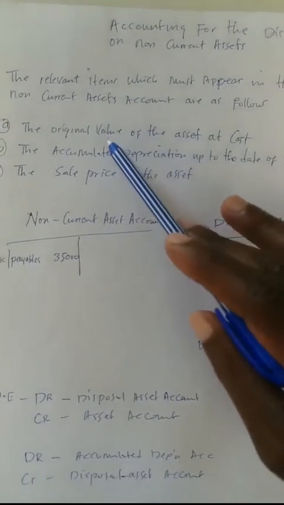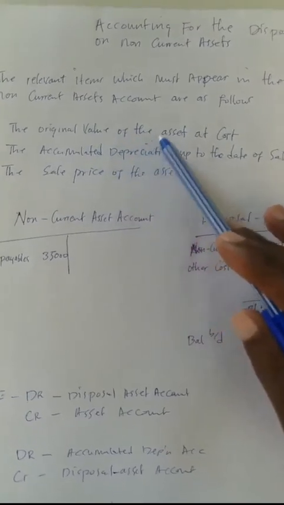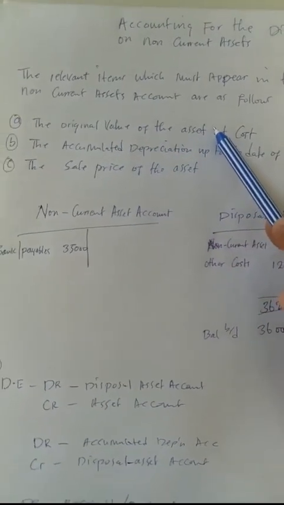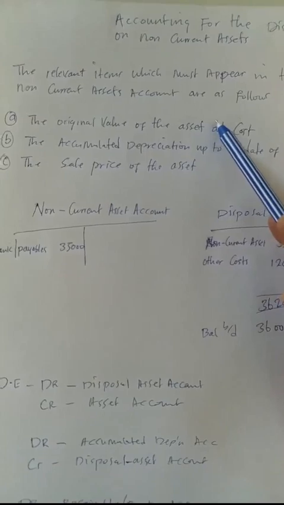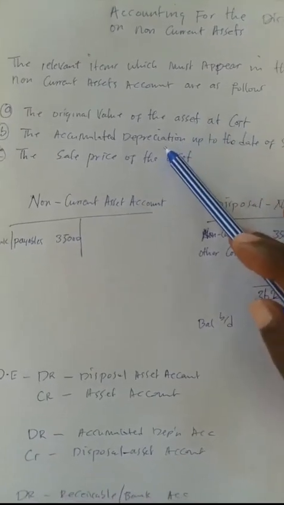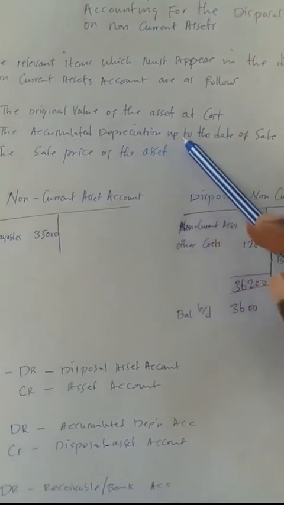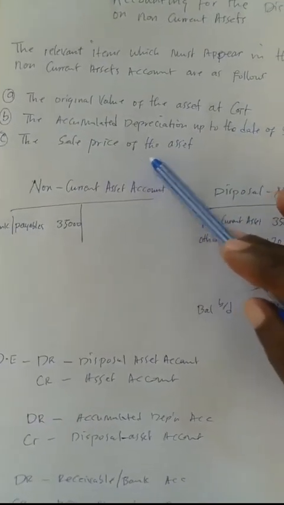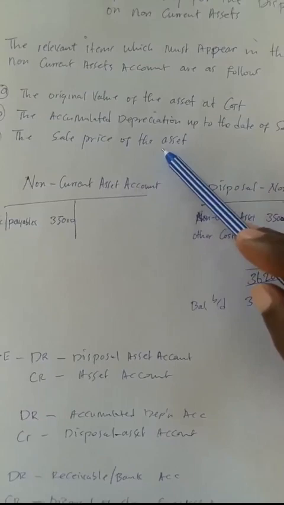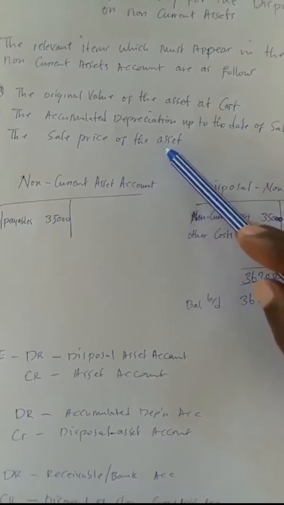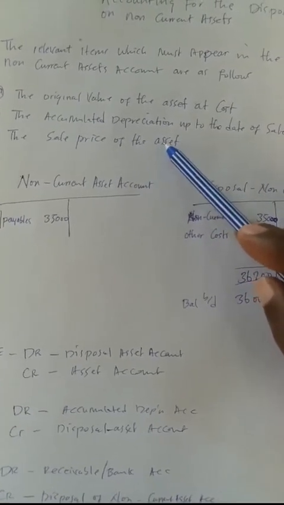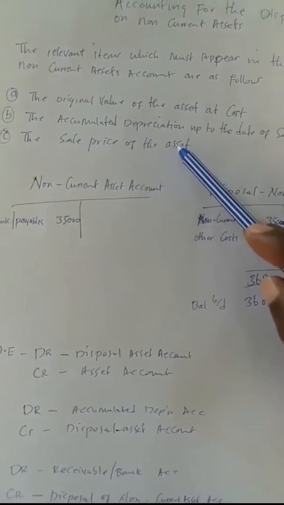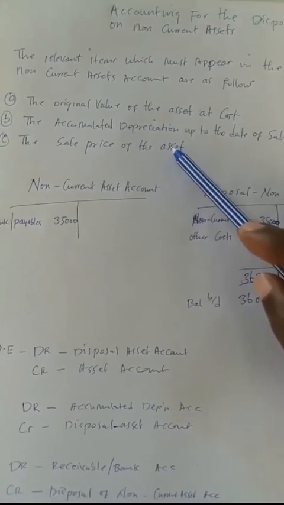We have the original value of the asset at cost, the accumulated depreciation up to the date of sale, and the sale price of the asset. That sale price at which we dispose the non-current asset should appear in the disposal of non-current asset account. I hope that's clear.